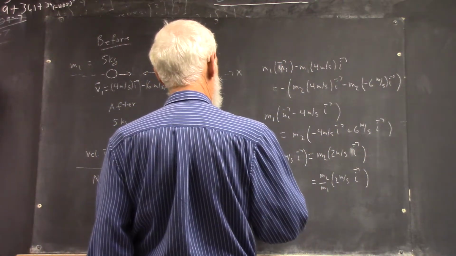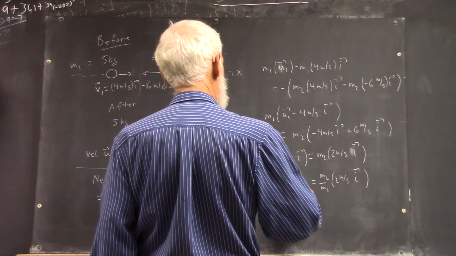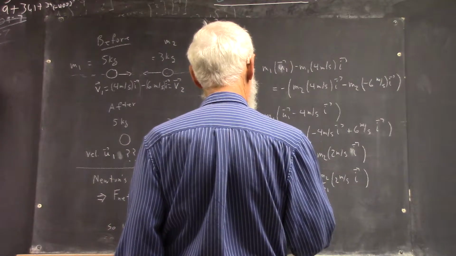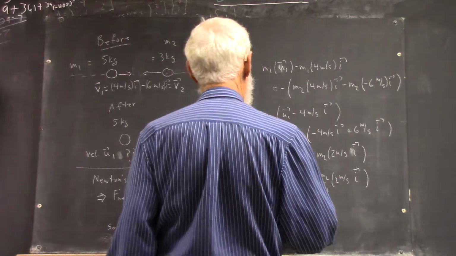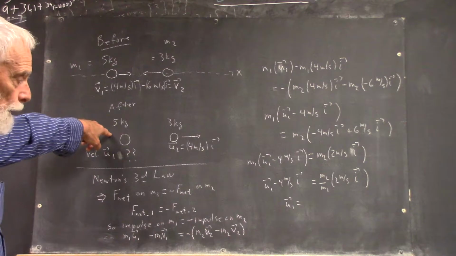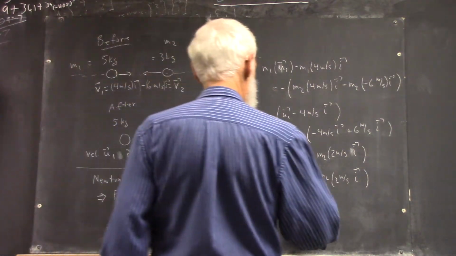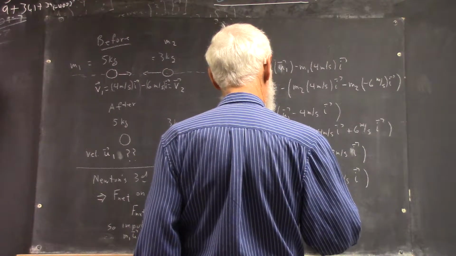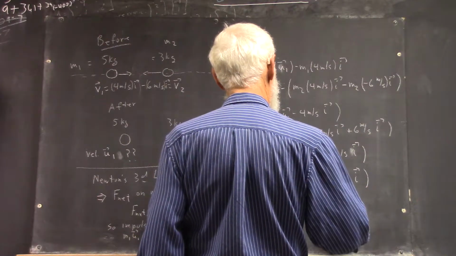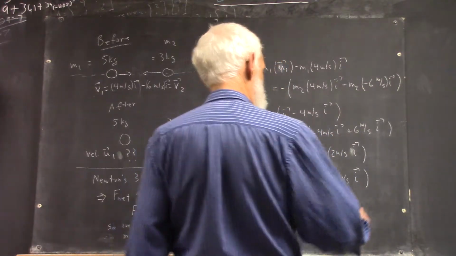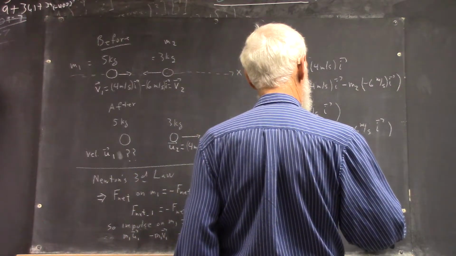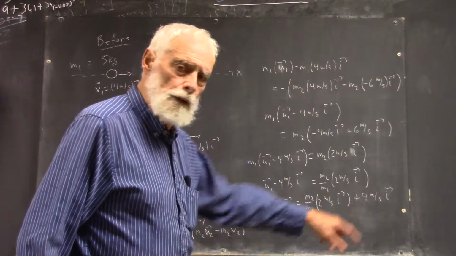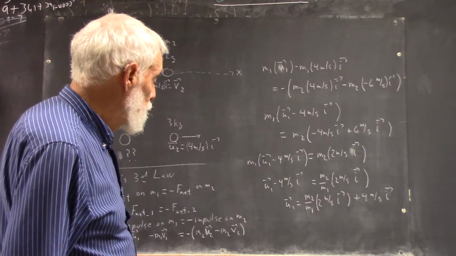Over here we're going to get U1 minus 4 meters per second times I. So that U1, which is the velocity of the 5 kilogram object after collision, is this, okay?